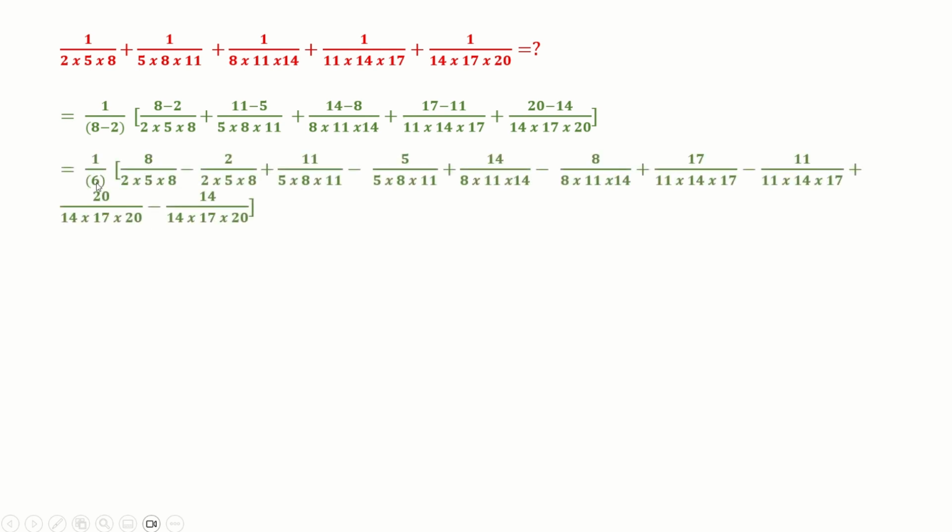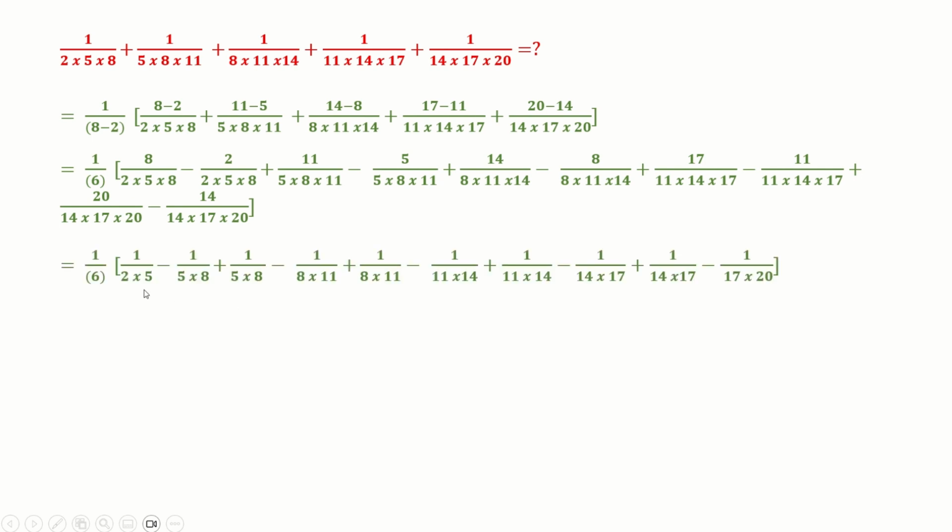So first one is 1 by 6 into 8 minus 2 by 2 into 5 into 8. You expand all the terms like this. And then when you cancel, what you will get is 1 by 2 into 5 minus 1 by 5 into 8 plus 1 by 5 into 8. Same as the previous series which I told. Okay, all the numbers will get cancelled except the first and last.